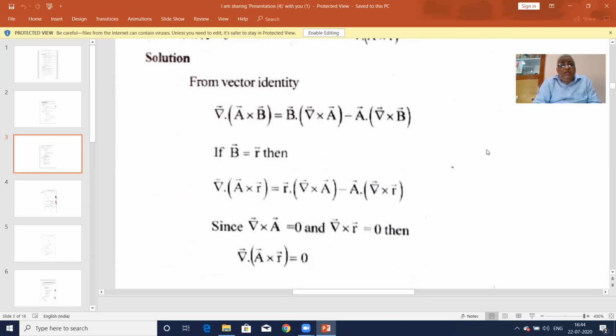Substituting these values in the above equation, we get R dot 0 minus A dot 0. This becomes 0.